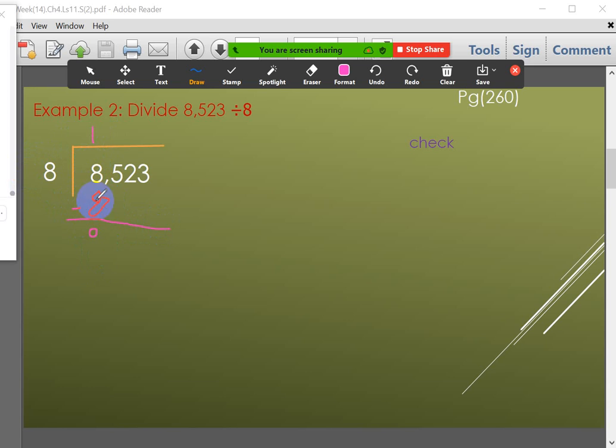So I finished the thousands. I will take what here? I want you to focus here with me. I will take the 5 and put it here. Now, 5 divided by 8. How many 8s in the 5?